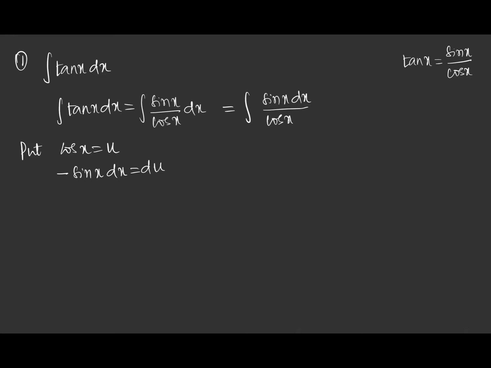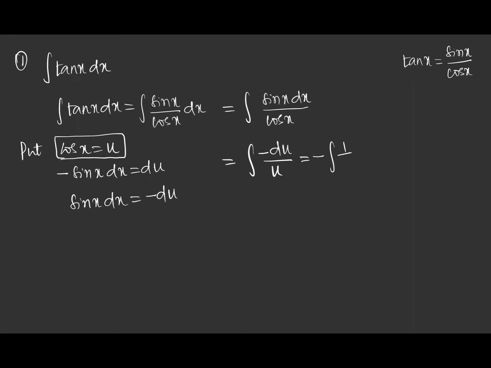Since cos x is u, sin x dx can be written as minus du. So now we have minus du by u, which equals minus 1 by u into du.